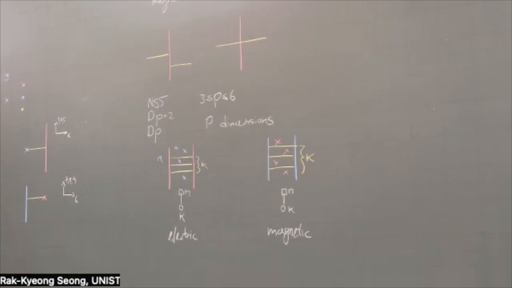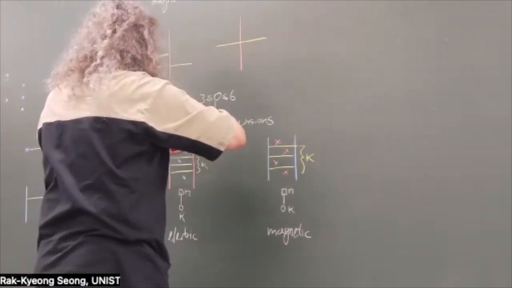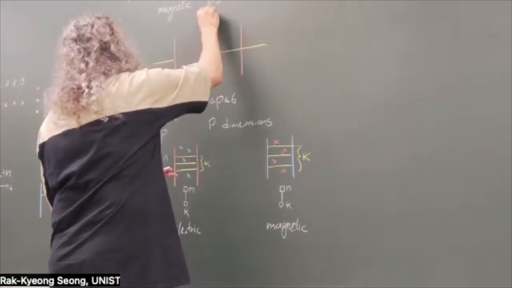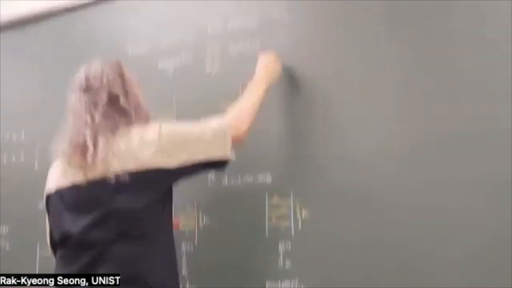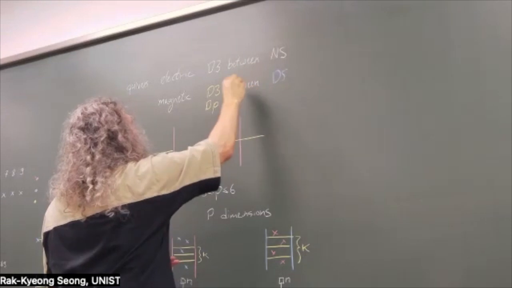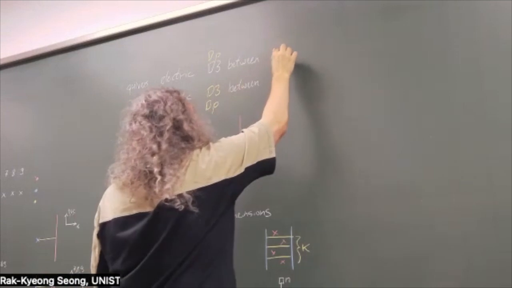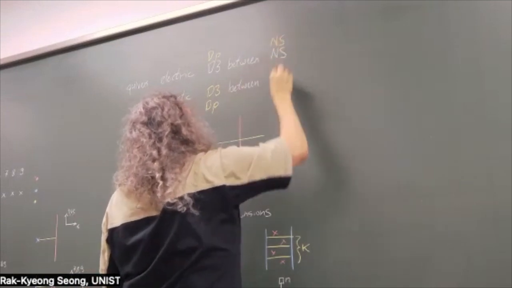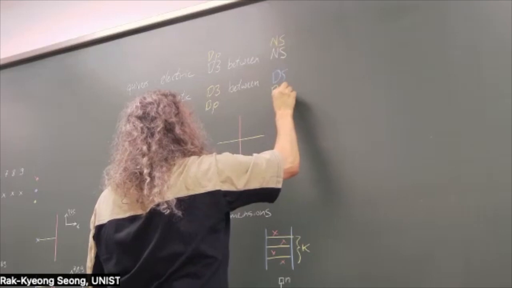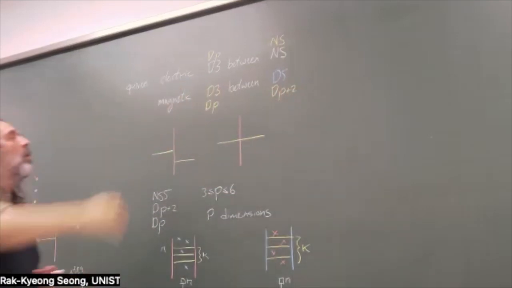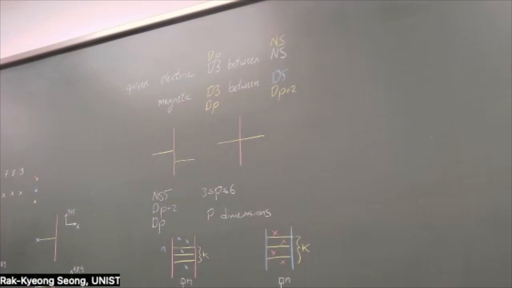So in fact, I should fix this thing to say Dp, and this will also be Dp. Here it will remain NS, but this will be D(p+2). And again, I will call each type: the Dp between NS will be electric, the Dp between D(p+2) will be magnetic.